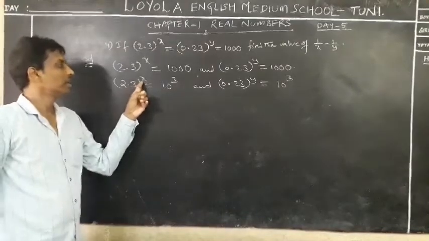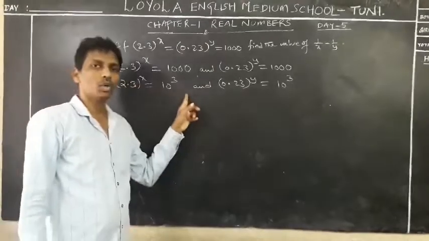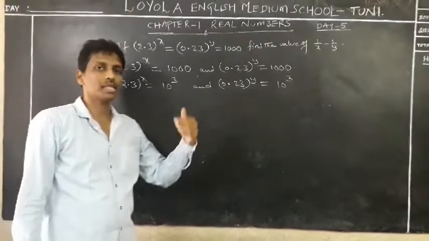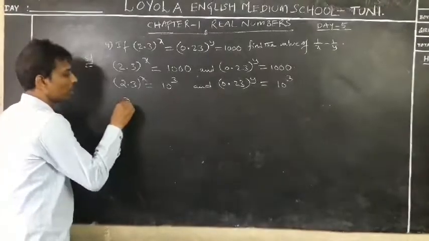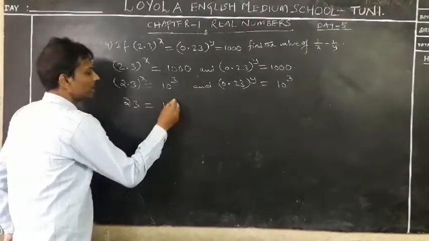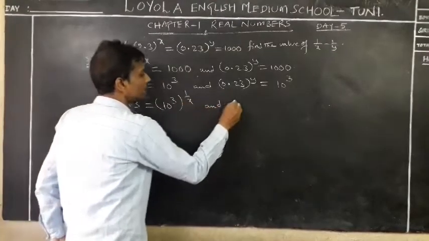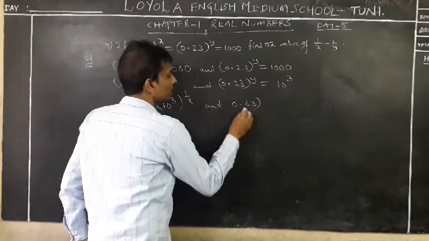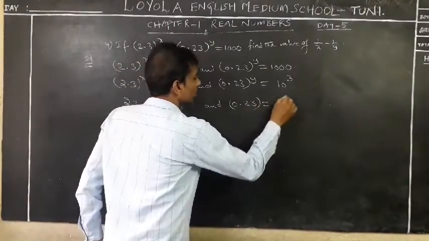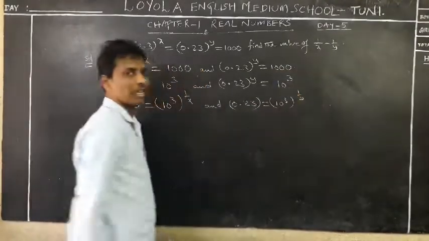When we send this power into the RHS, it comes as a reciprocal. 2.3 is equal to (10 power 3) whole power 1 by x and 0.3 is equal to (10 power 3) whole power 1 by y.